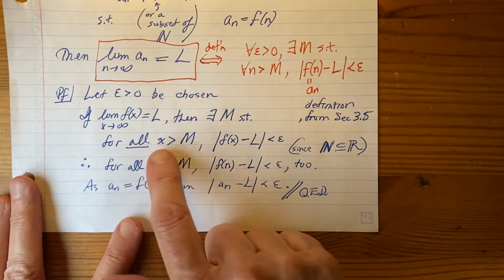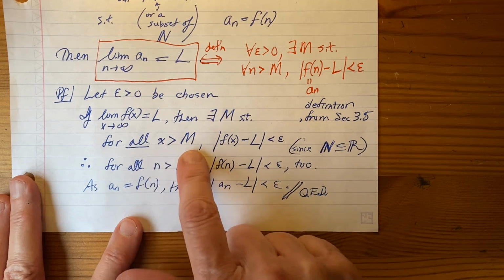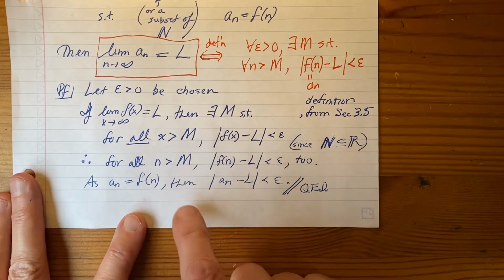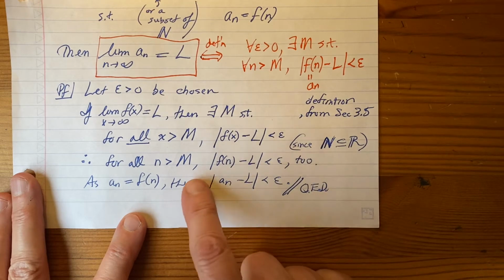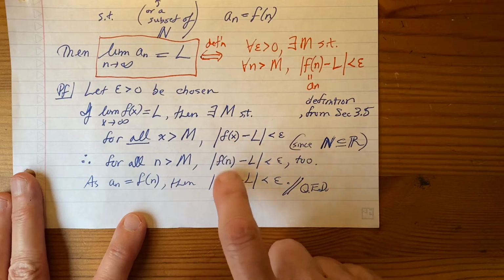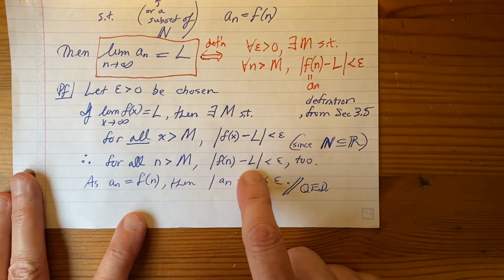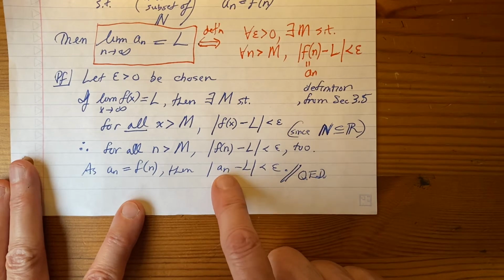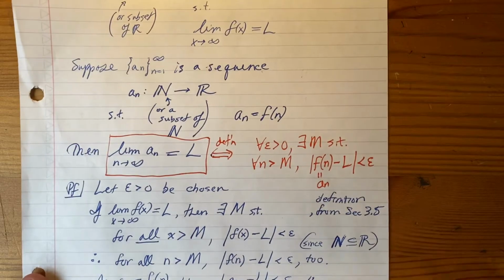So therefore, since it has to be true for all x greater than m, it certainly has to be true for all natural numbers greater than m. If you just replace the x here with an n, this will also follow. And remember that f of n is just another way of saying a sub n. So we have that theorem proved.